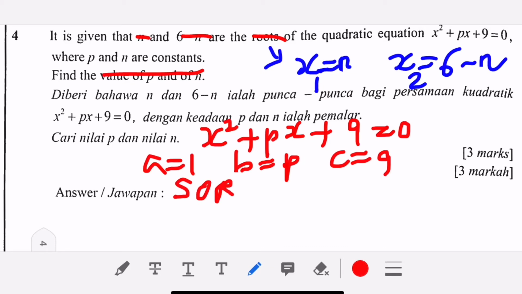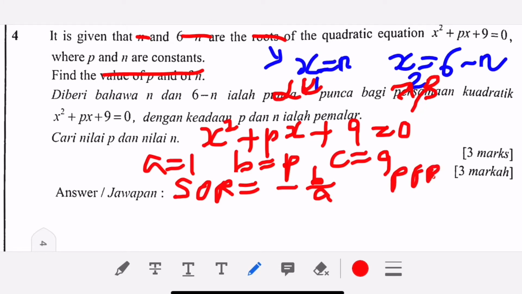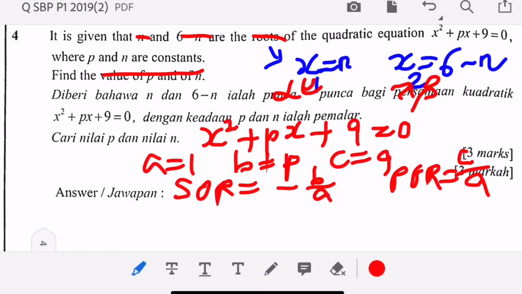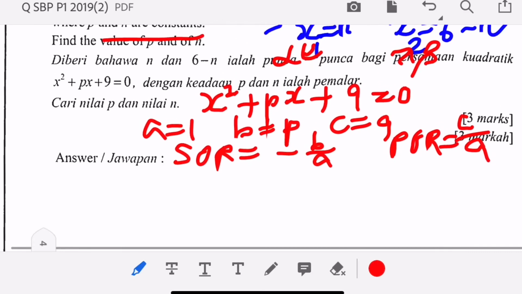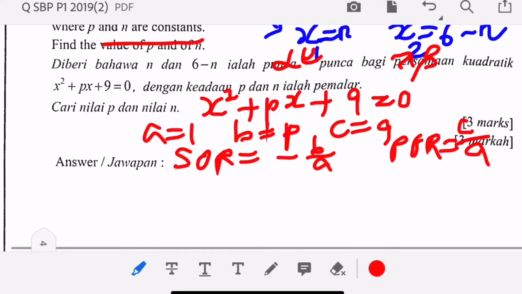So sum of the roots is negative B over A. Remember the formula. So the sum of the roots refers to the alpha and beta. And the alpha is the x1 and the beta is the x2. So later we will sum up those two, equal to negative B over A. And product of the roots is C over A. Okay, so now we will take the two roots and sum up. So just now our root A is what?